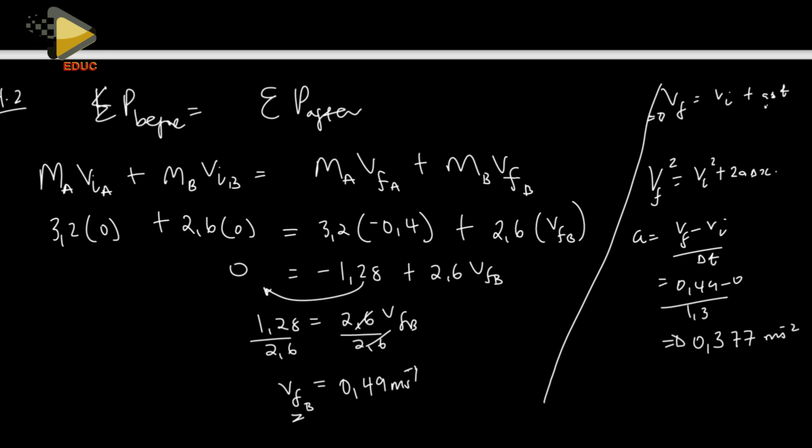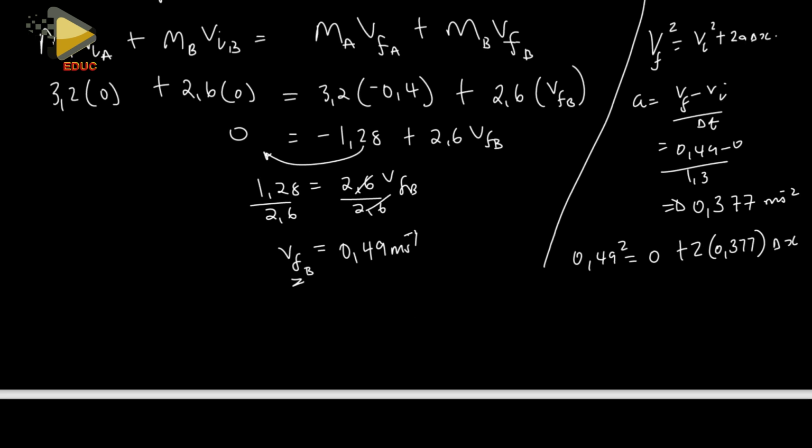And then I can just substitute there. So V final 0.49 squared is equal to 0, which is the initial, plus 2 multiplied by the 0.377, then multiplied by the delta x we need. Why don't I just say delta x is 0.49 squared divided by 2 times 0.377 straight away.